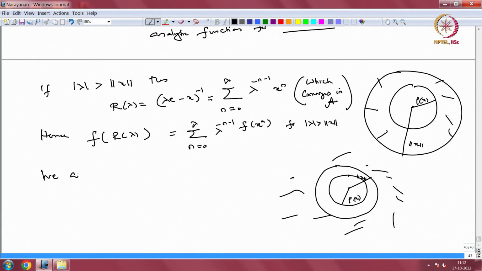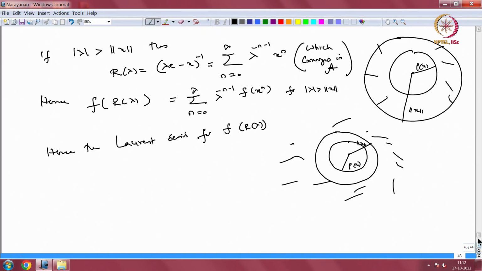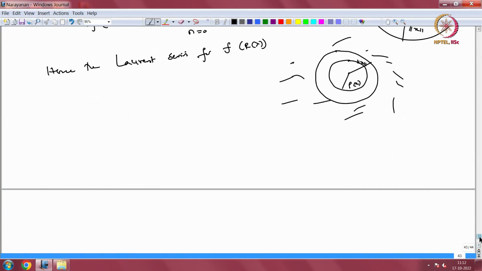We already know, oh sorry, so this is the series for, hence, the Laurent series for f of R lambda. Remember, it is a holomorphic function outside a disk, so it will have these negative powers of lambda, and that we know.